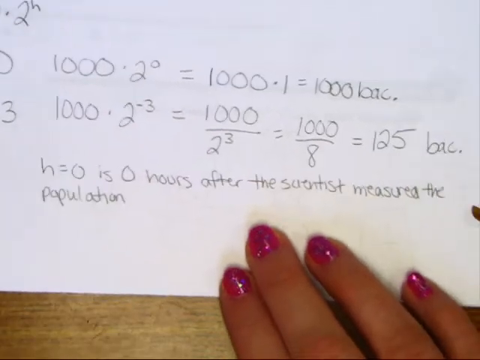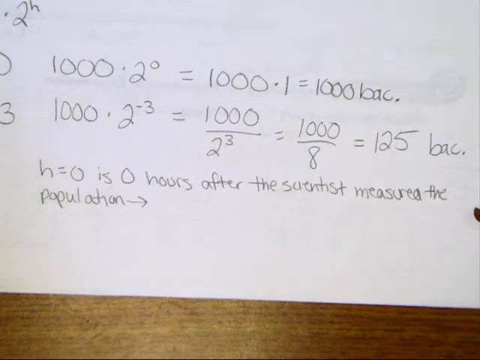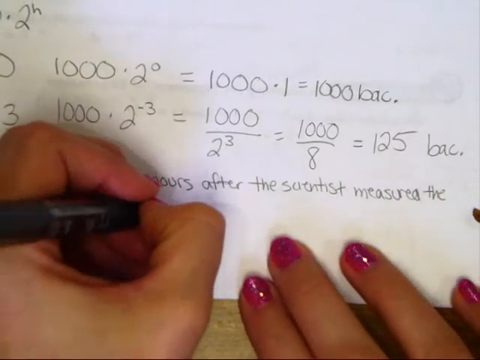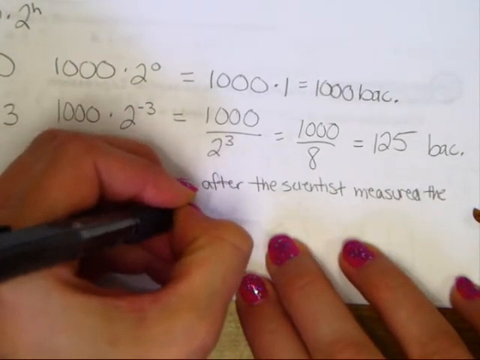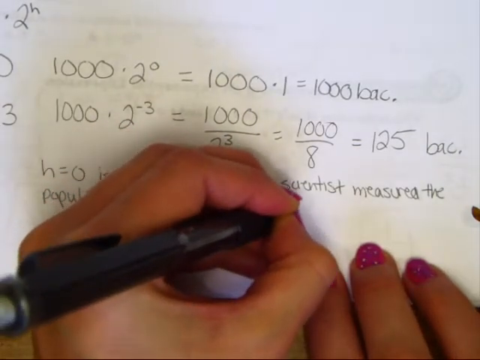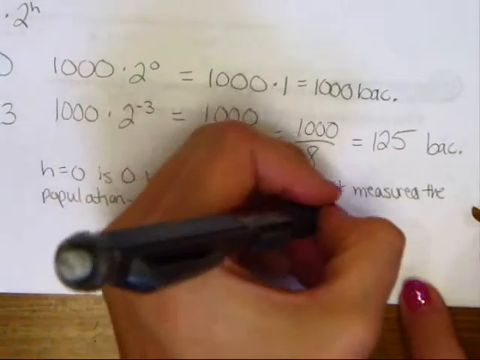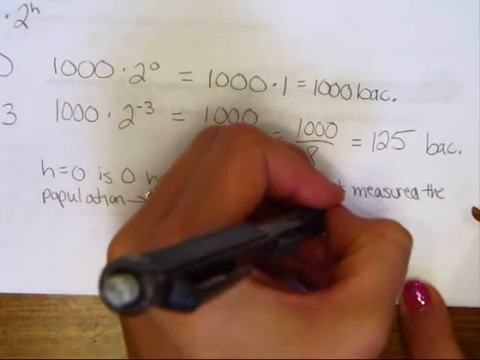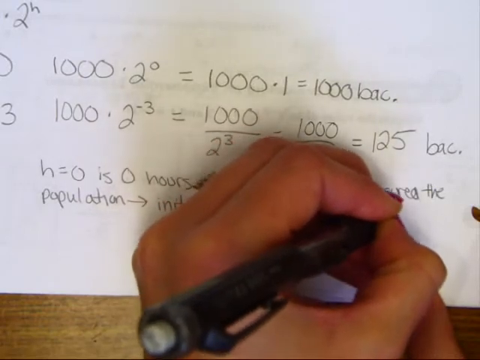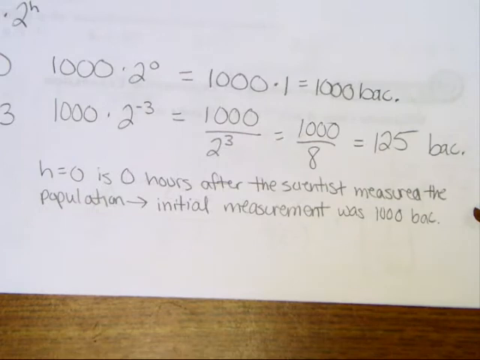So what does that imply? That implies it was his initial measurement. It's the first time he actually measured. When he measured, he found that the initial measurement was 1000 bacteria. That's what it means. h equals 0 is the initial measurement that he actually did.